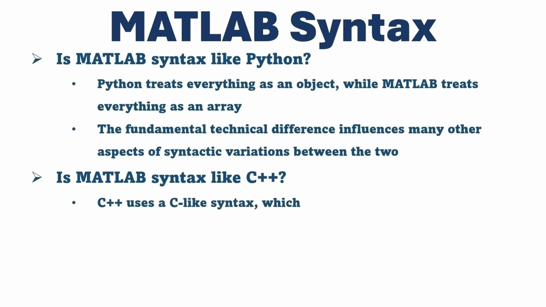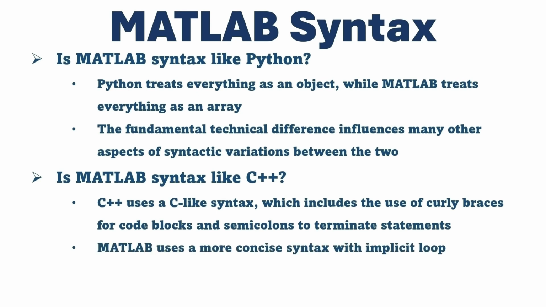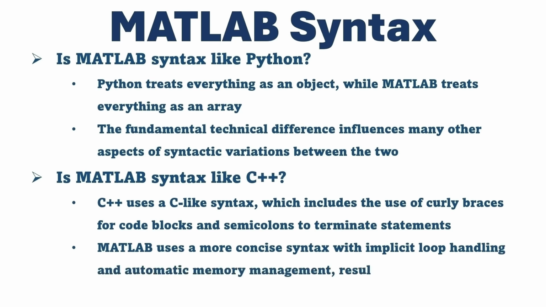C++ uses a C-like syntax, which includes the use of curly braces for code blocks and semicolons to terminate statements. MATLAB, on the other hand, uses a more concise syntax with implicit loop handling and automatic memory management, resulting in more readable and compact code. And that is the beauty of MATLAB. All these are benefits over Python and C++ when you look at MATLAB scripting or MATLAB programming.